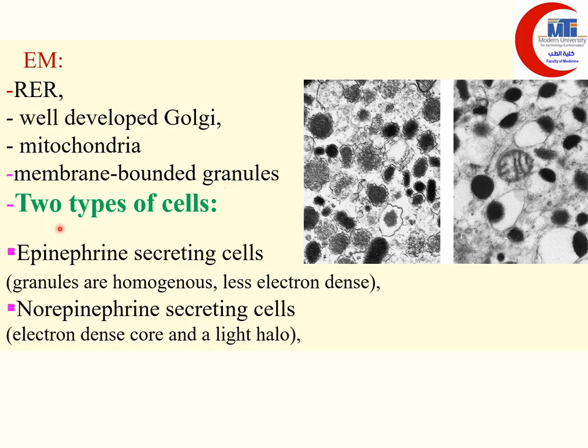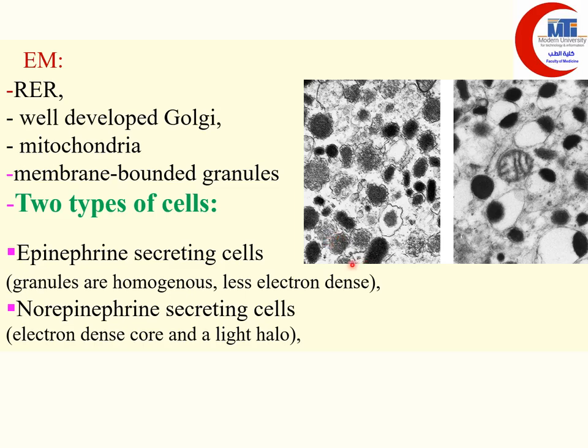At the ultrastructural level, chromaffin cells are of two types according to the secreting substance. The first type is epinephrine secreting cells, and the second type is norepinephrine secreting cells. They differ according to the granules inside.